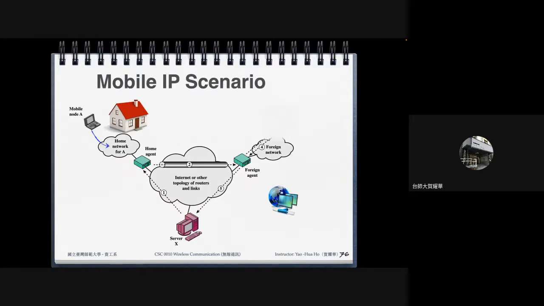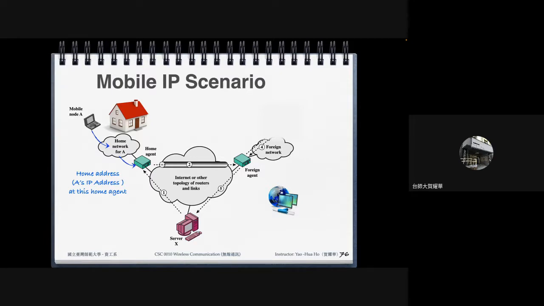Okay, so you have a mobile device at the home network, right? Your home has a home agent, right? The home agent will have a mobile device's IP address, okay, at this home agent, right? So in this example, you have a mobile device A, okay, with an IP address A, which connects to your home network for A. Then you register yourself with A's IP address at the home agent.